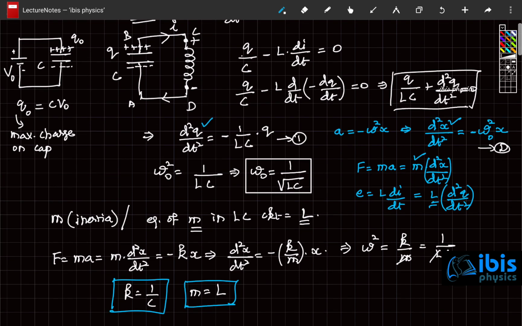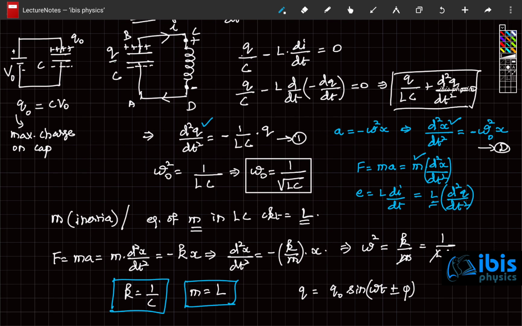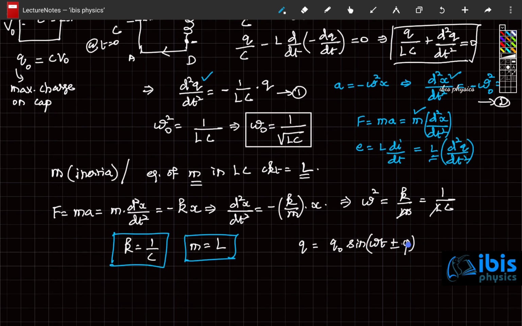Since this represents simple harmonic motion, the equation of the charge q is either q naught sine omega t, or q naught sine of omega t plus or minus phi. But here we know q will be maximum at t equal to 0, so the equation could be q equal to q naught sine of omega t plus pi by 2, where pi by 2 is 90 degrees.